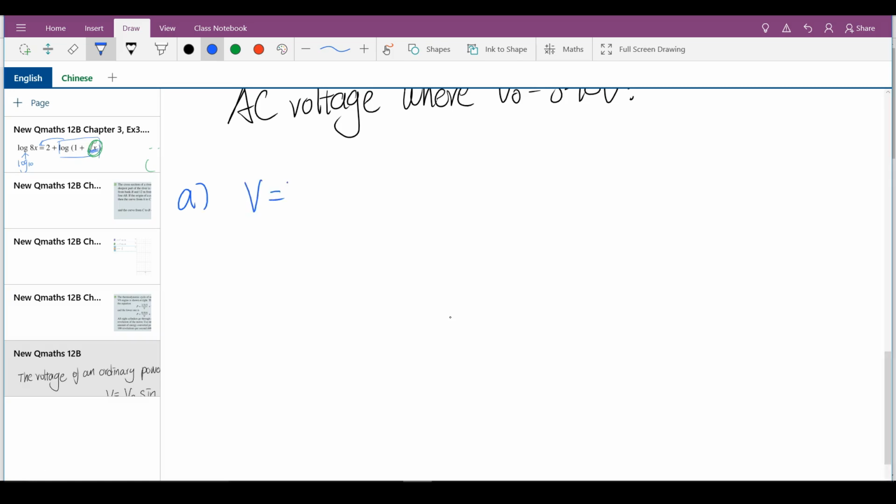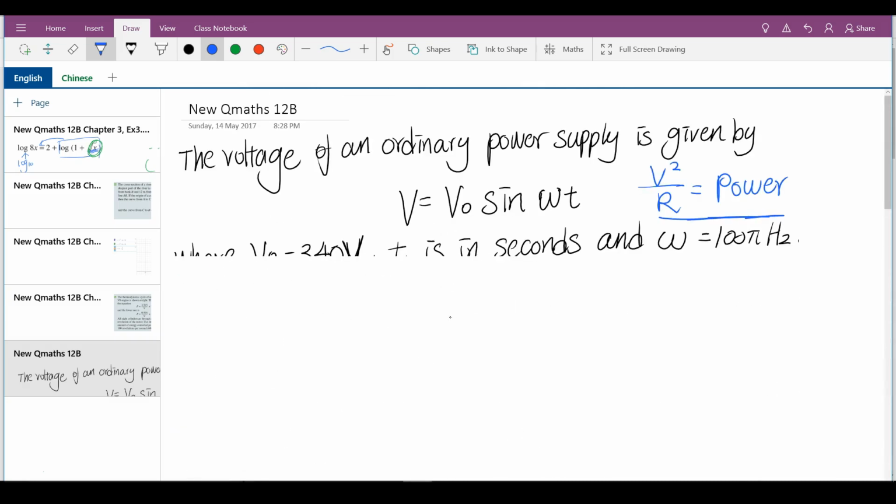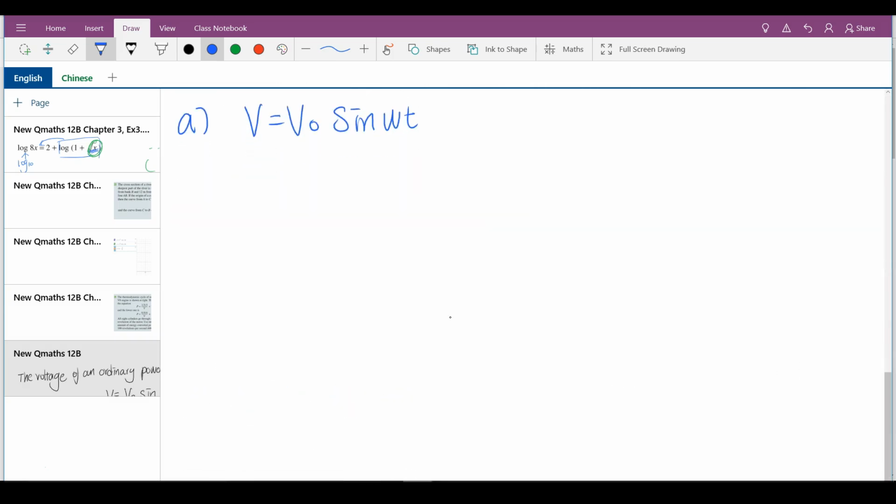V is equal to V0 sin(ωt), right? That's the equation. And the other bit is V squared over R is equal to power.